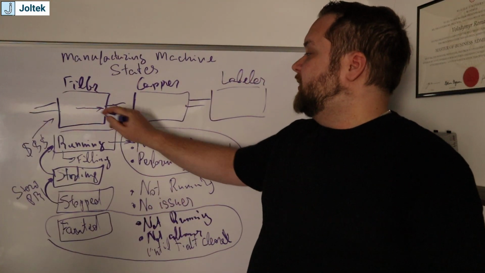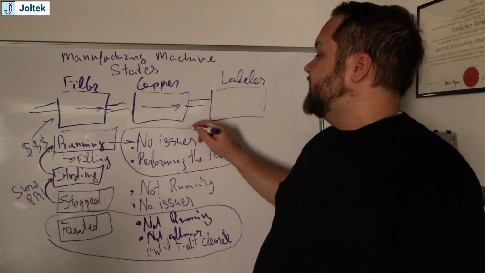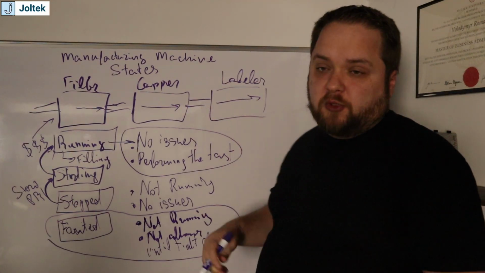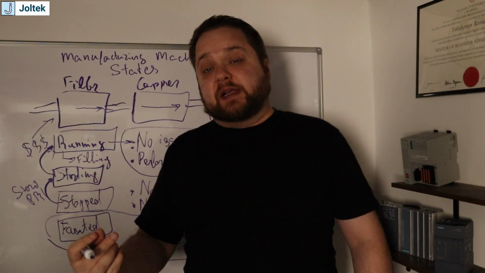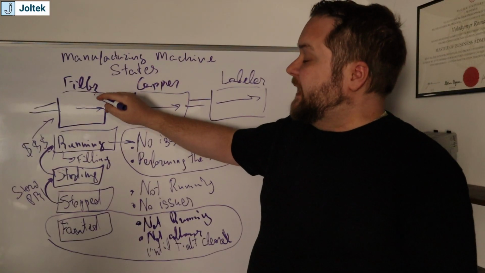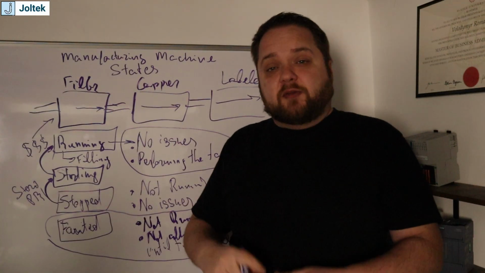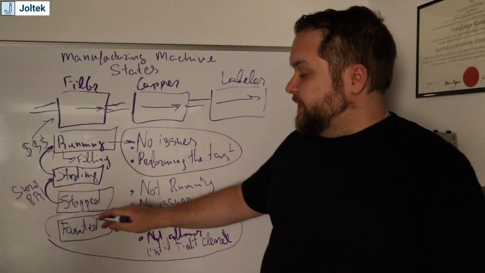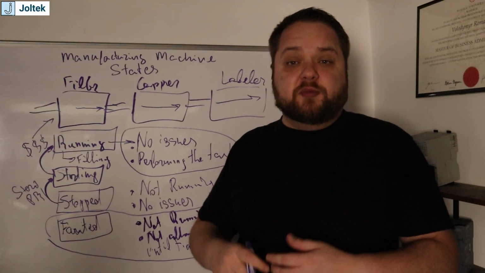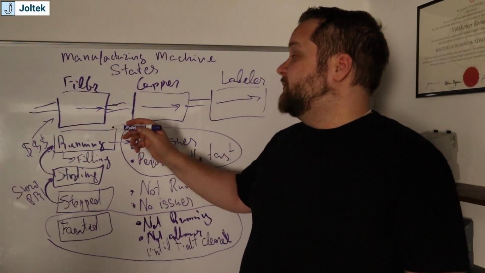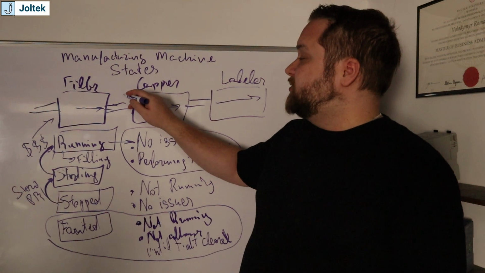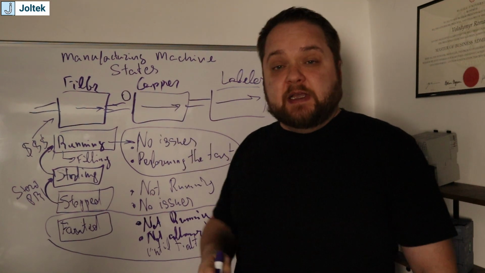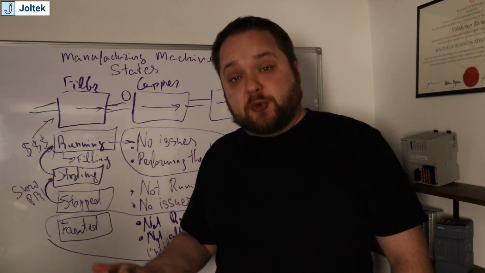So the filler creates the bottles, then the bottles get capped, then the bottles get labeled, then they get case packed and palletized. Well, if the filler is not producing for a variety of different reasons, it could be because it is always faulted, it could be because it's stopped due to lack of materials, but the capper is going to have 0 bottles at the infeed, and it also is not going to produce.